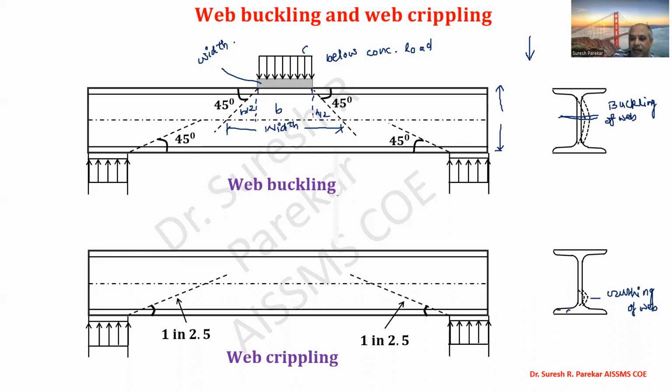Because your load is transferred from a larger area to a smaller area at the junction of the web and flange, and there we have chances that our web may crush or cripple, and that is the critical section. We find the line of critical section by plotting a slope of 1 in 2.5, 1 vertical to 2.5 horizontal.